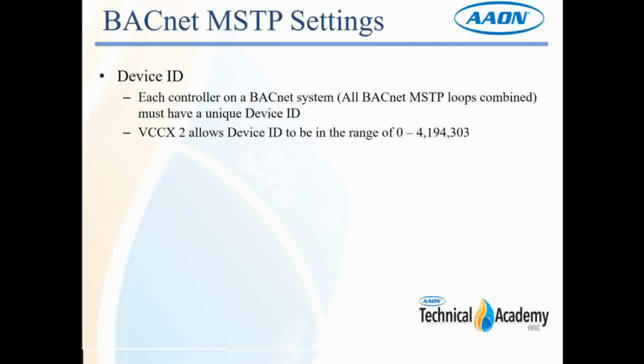So the VCCX2 allows device IDs to range from 0 to 4,194,303. Now, I would advise that you don't use that top number, ending with 303, and you don't go any higher than 302. So the highest that I would recommend is 4,194,302.